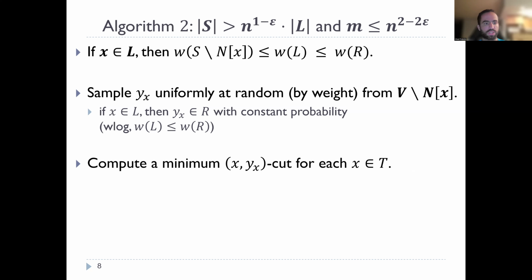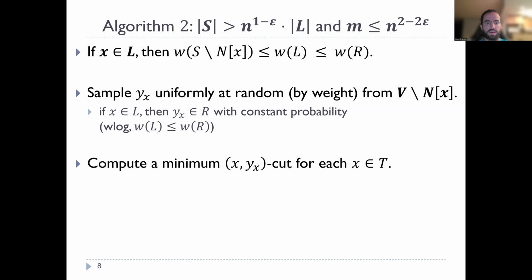So what we do is we just sample Yx, a node sampled uniformly at random by weight from the set of nodes without the neighborhood of X. And then we know that if X belonged to L, then Yx belonged to R with constant probability.